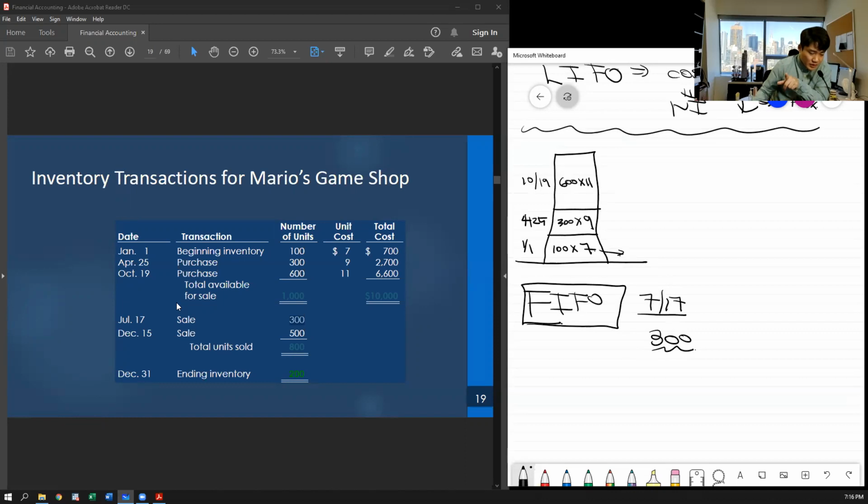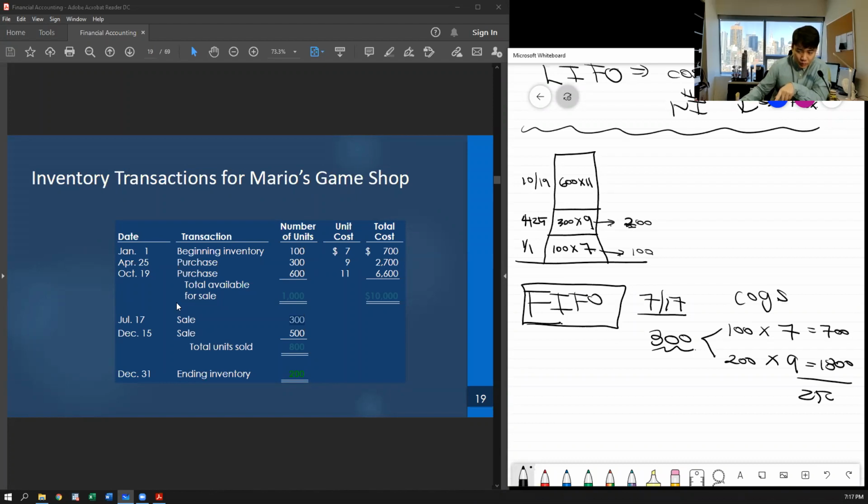You're going to use the oldest units, and you still have 200 units to sell, so you're going to take some from the second stack, 200 units. So the cost of goods sold using the FIFO method will be 100 units times $7, plus 200 units times $9. That's 700 plus 1,800. So in total, the company will report cost of goods sold of $2,500 if the company uses the FIFO method.